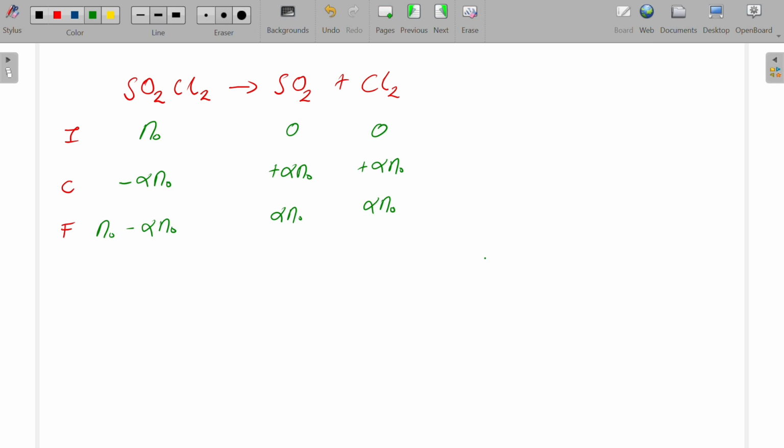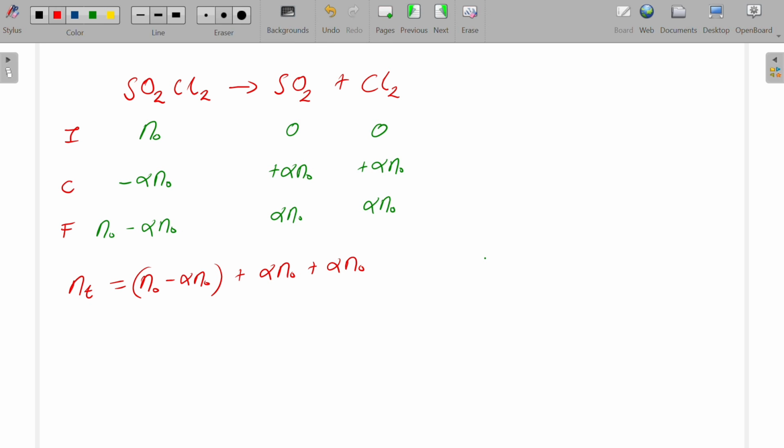When we reach this stage, what we need is to find the total number of moles at the final stage. So we'll say N total, represented as NT, is equal to the sum of the number of moles of each species involved in this chemical reaction. So this will be N initial minus alpha N initial, added to alpha N initial, added to alpha N initial.